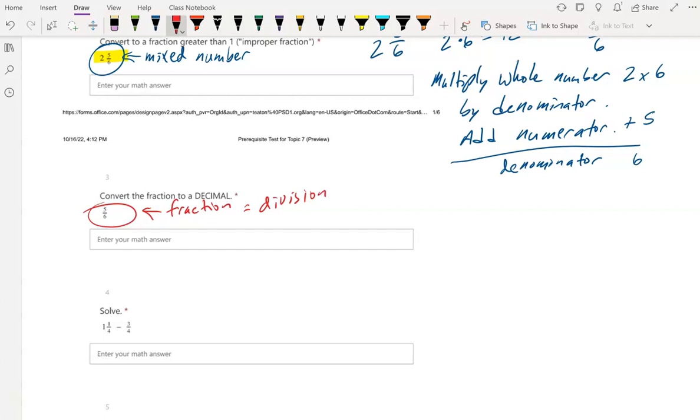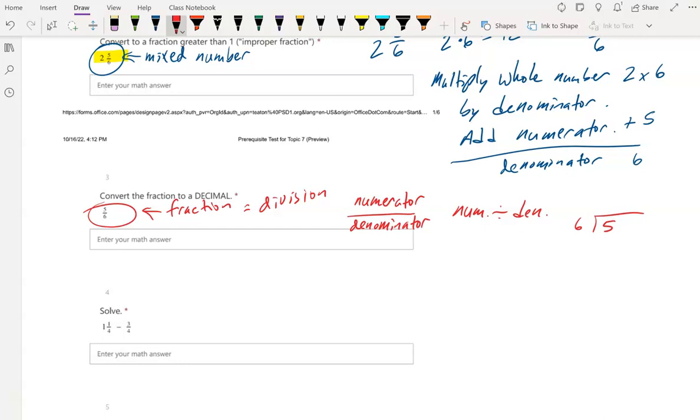So we are going to divide the numerator, that's the number on top, by the denominator, that's the number on the bottom. In other words, numerator divided by denominator, or it would look like this. The numerator goes on the inside, the denominator goes on the outside, and now you divide.